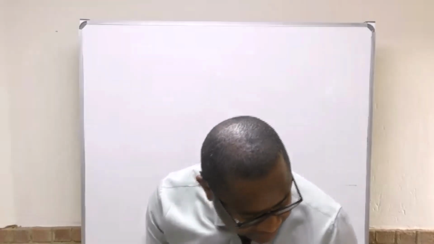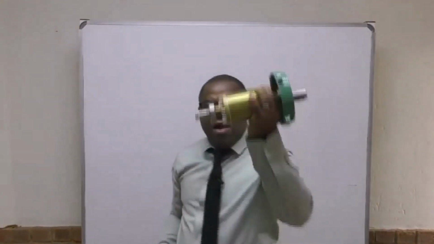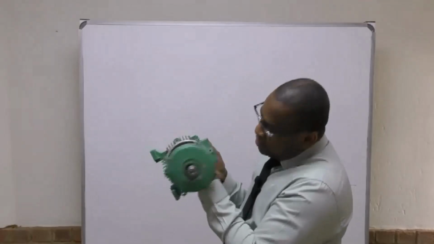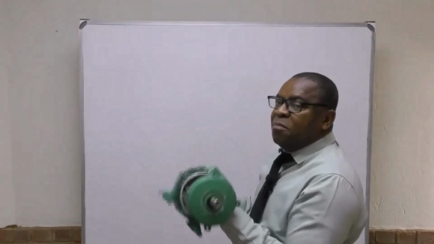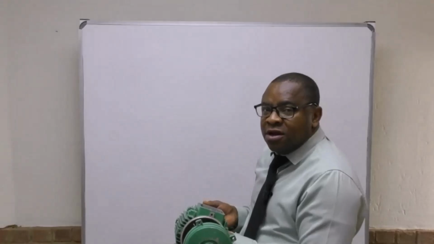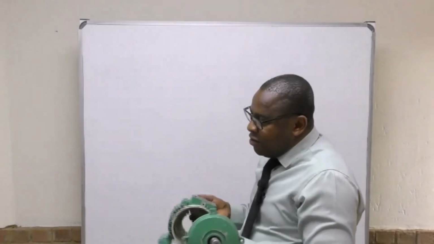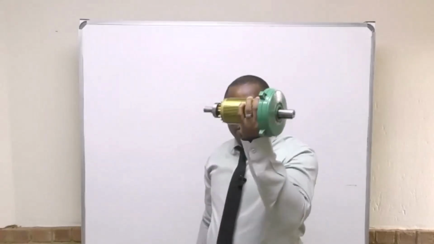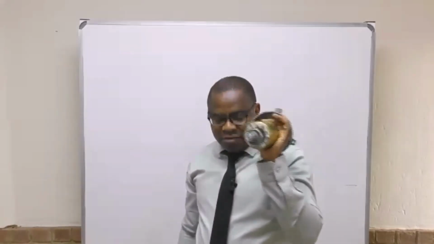Now, if I have the power into this motor and I subtract all the losses in the core and the winding, the remaining power will be induced into the rotor.